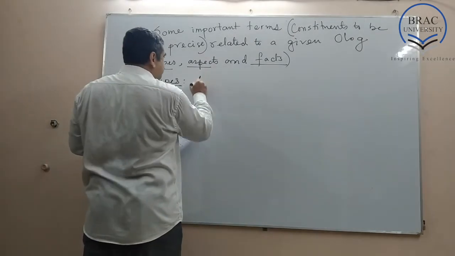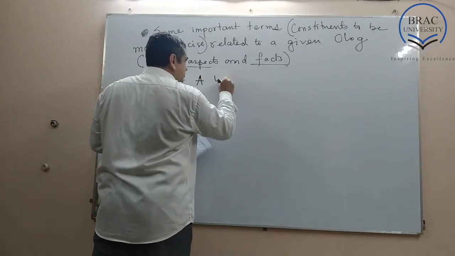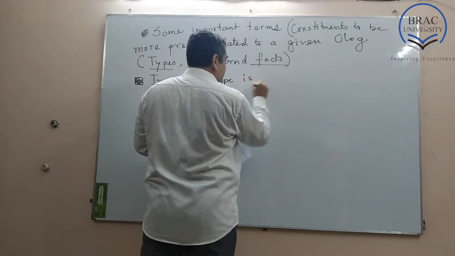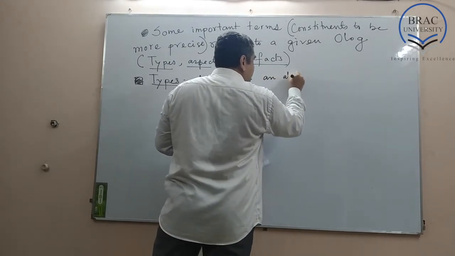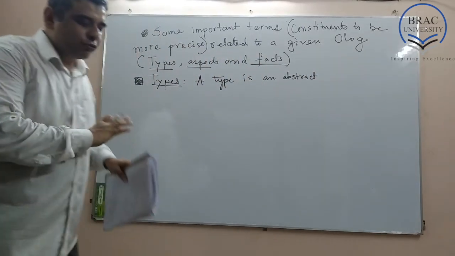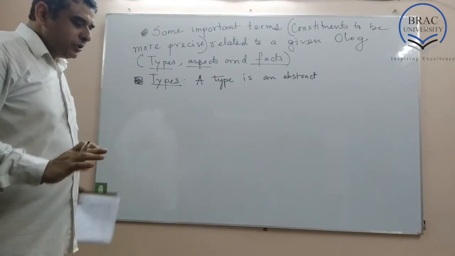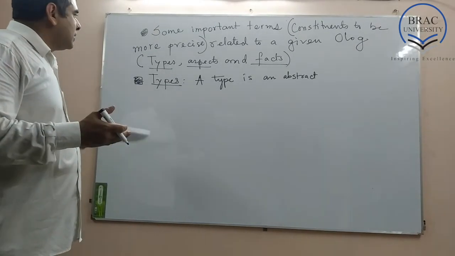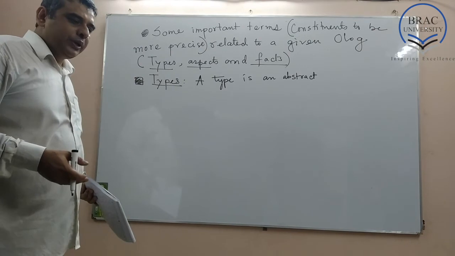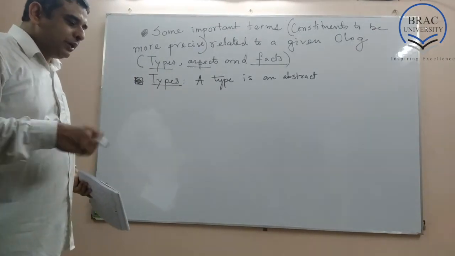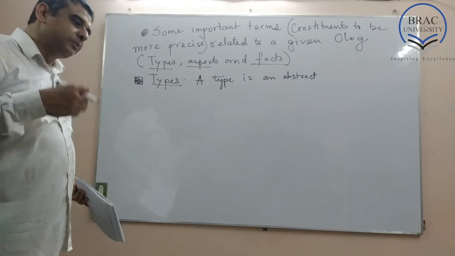A type is an abstract concept. It is important for you to understand that this is very abstract. You cannot replace these types with some concrete ideas right away, but we eventually would be able to do that by means of a function.